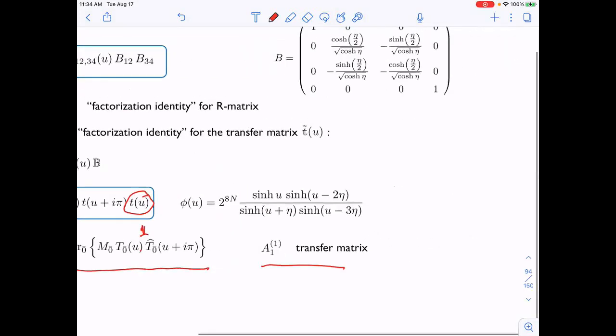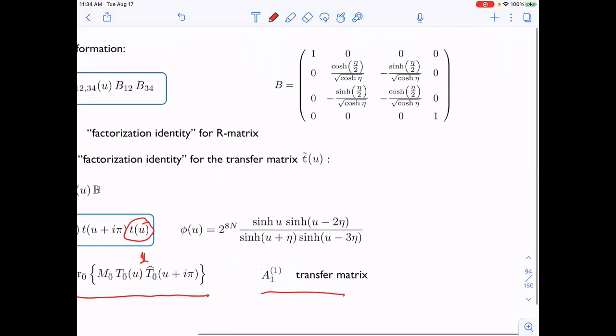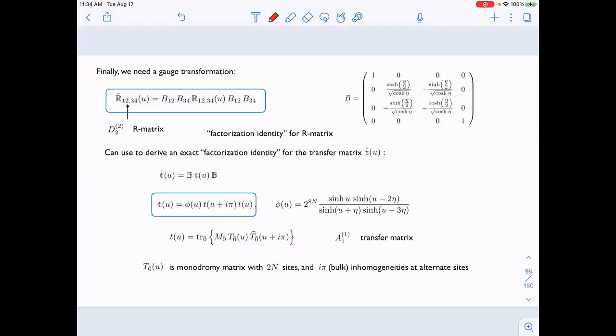Also be careful that the monodromy matrix that we use here, instead of being for n sites, is now doubled, right? So it's 2n sites. And furthermore, it has i pi inhomogeneity at alternate sites.